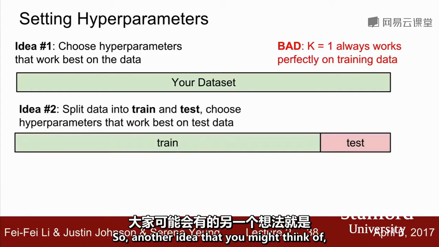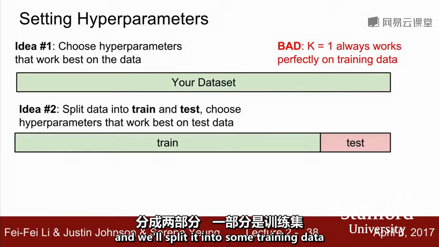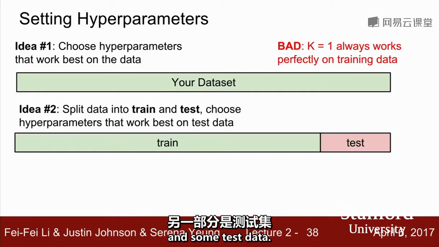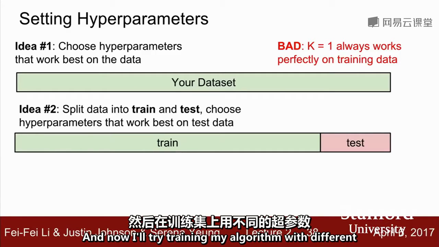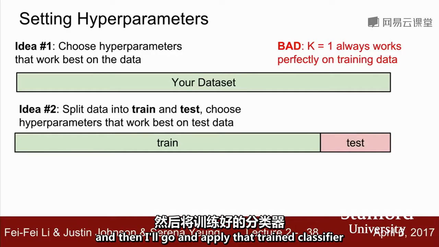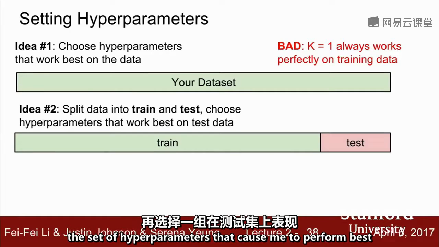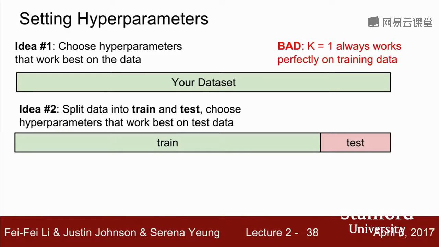Don't do this. Another idea that you might think of is maybe we'll take our full data set and split it into some training data and some test data. Now I'll try training my algorithm with different choices of hyperparameters on the training data, then apply that trained classifier on the test data, and pick the set of hyperparameters that causes me to perform best on the test data.